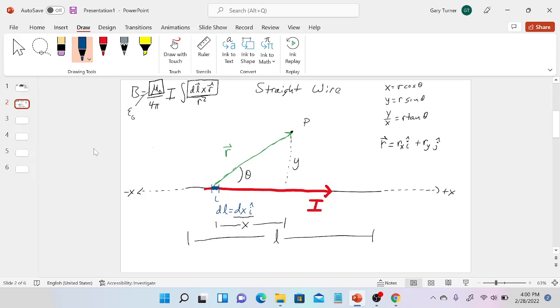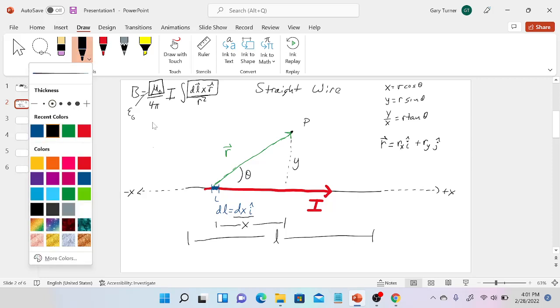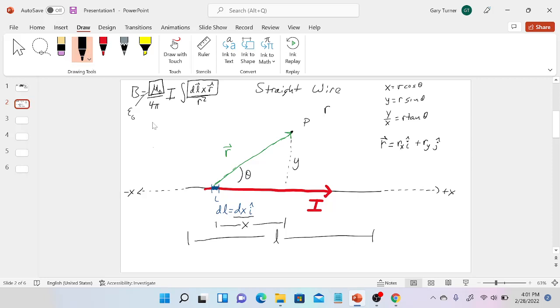So r is going to equal rx in the i direction plus ry in the j direction. And r hat just has a magnitude of 1.